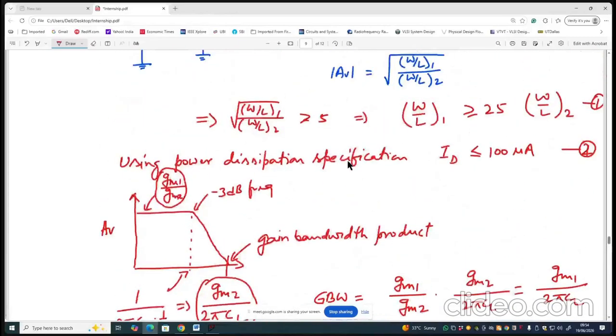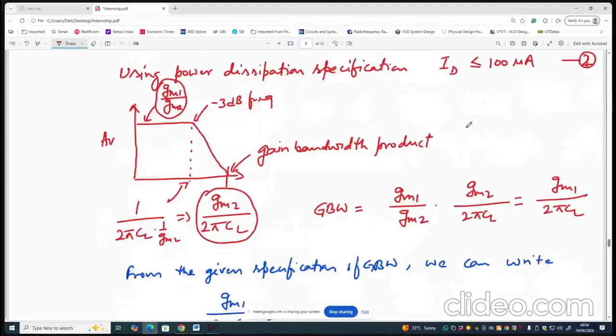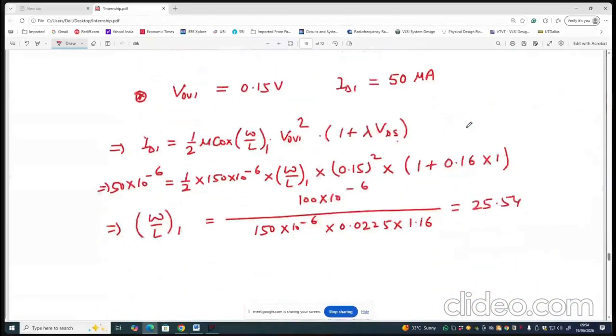Yes. And you remember this requirement, W upon L1 shall be greater or equal to 25 times of W upon L2.